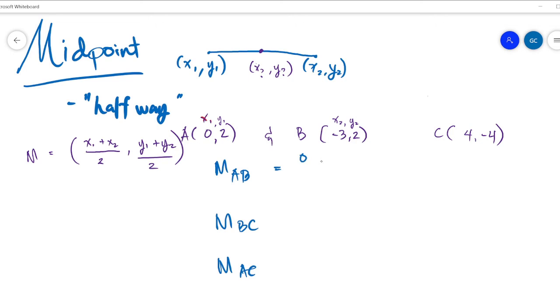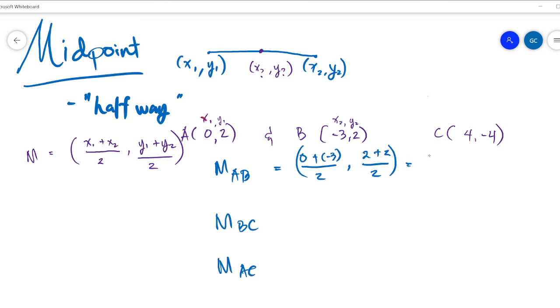So we have 0 plus -3 over 2, then for y, we have 2 plus 2 over 2.